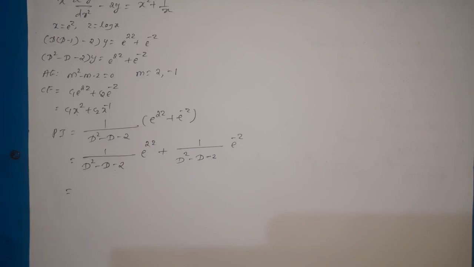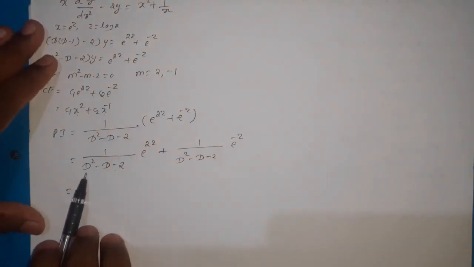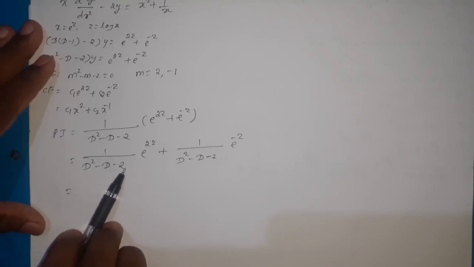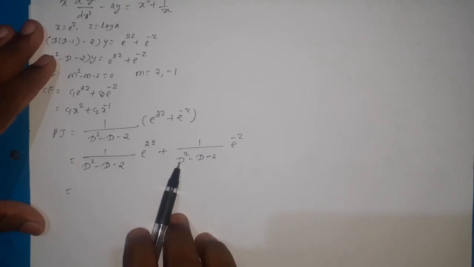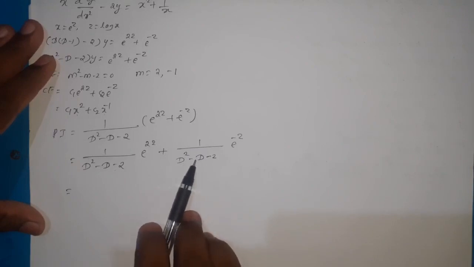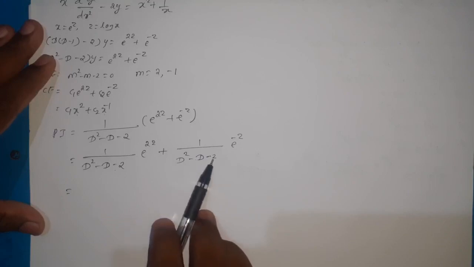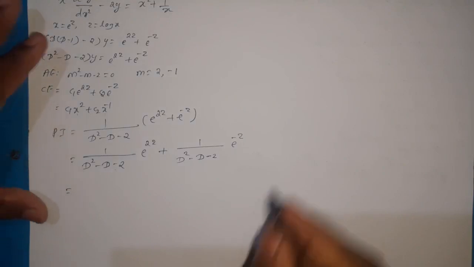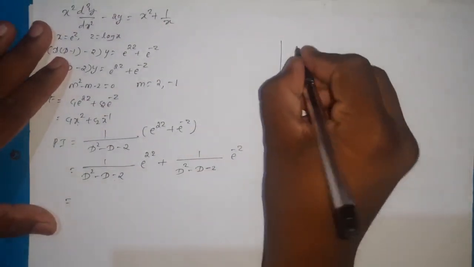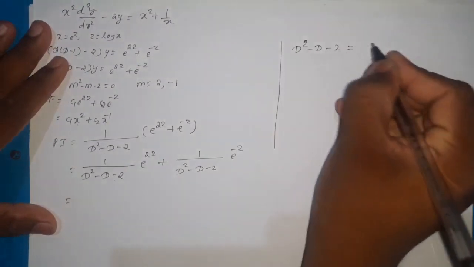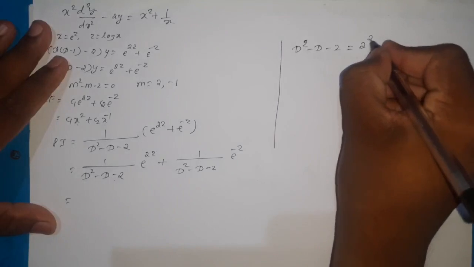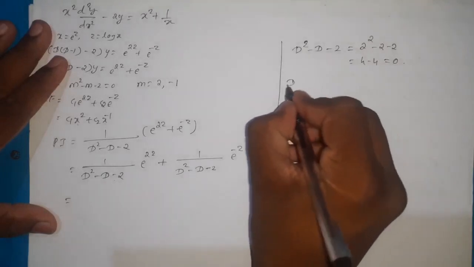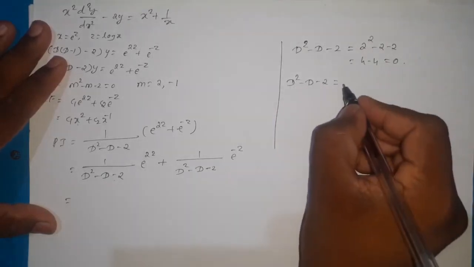So here a is equal to 2 means 4 minus 2 minus 2, that becomes 0, and here a is minus 1, this becomes 1 plus 1 minus 2. So here also the value of the denominator is equal to 0. Otherwise, here D square minus D minus 2 for D equal to 2, that is 2 square minus 2 minus 2, that is 4 minus 4, which is equal to 0, and D square minus D minus 2 for D equal to minus 1.